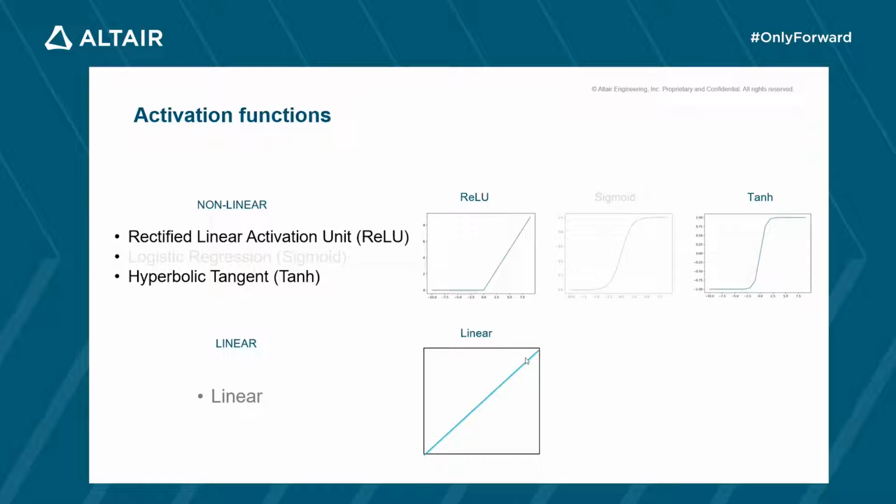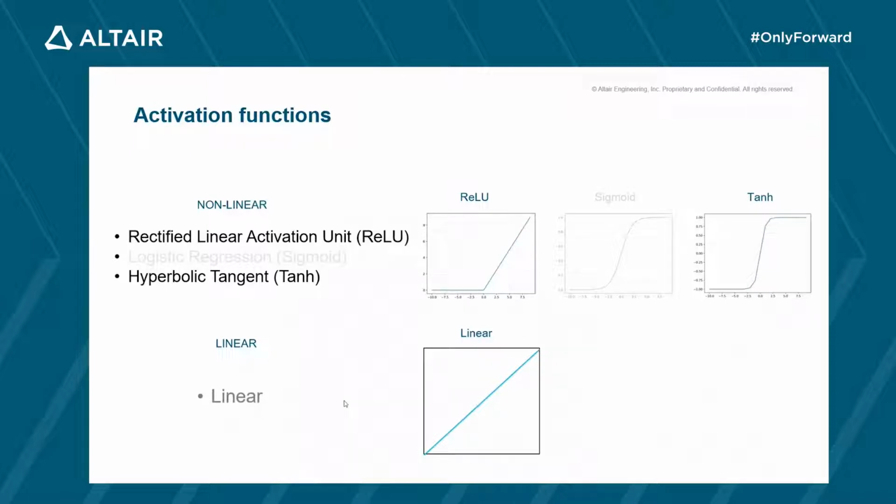What you notice about these three is they are non-linear. And even though the rectified linear activation unit is piecewise linear, as a whole, the function is non-linear. And then we also have a simple linear activation where the input is equal to the output. The purpose of the activation function is to help include this thresholding of sorts, where we decide whether or not neurons activate.